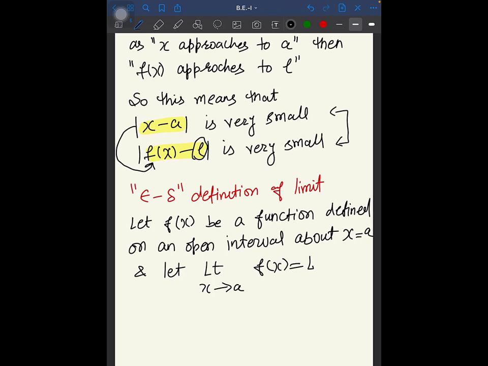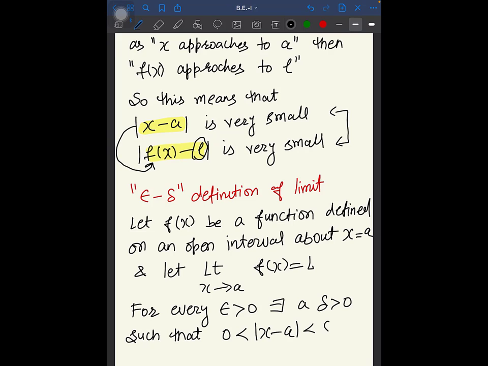The epsilon delta definition says: for every epsilon positive, there exists a delta positive such that whenever this thing happens, this should imply the difference of f of x and L will be less than epsilon, right?